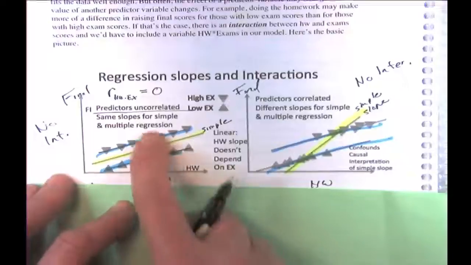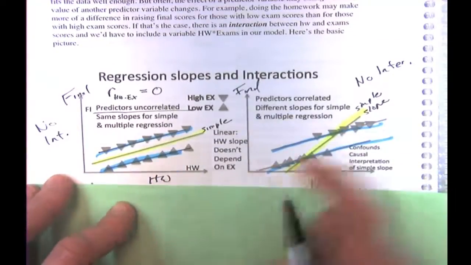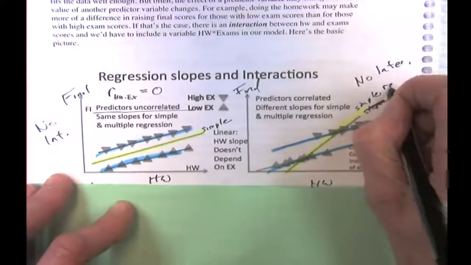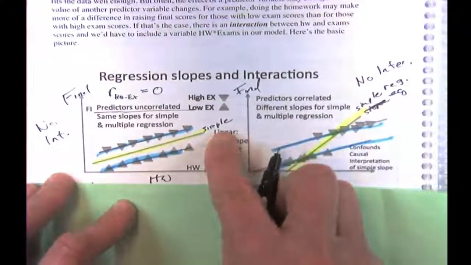And here we don't have confounding because there's no correlation at all between them. That's our simple, not slope, but simple regression equation. These were the multiple ones stratified.